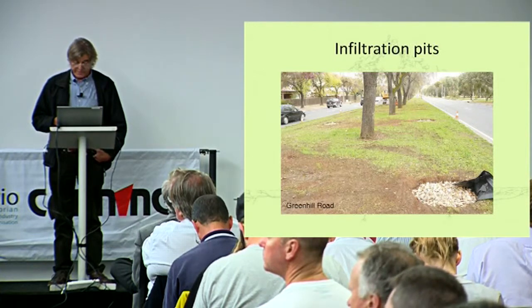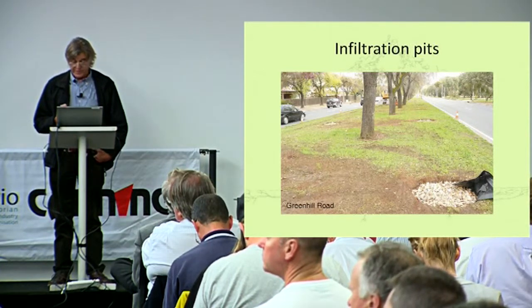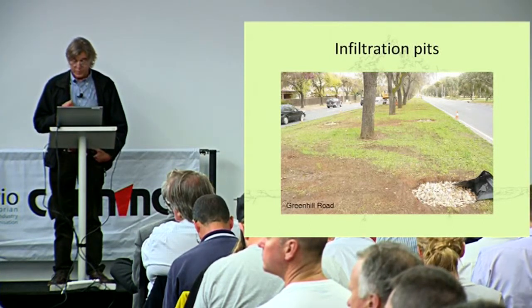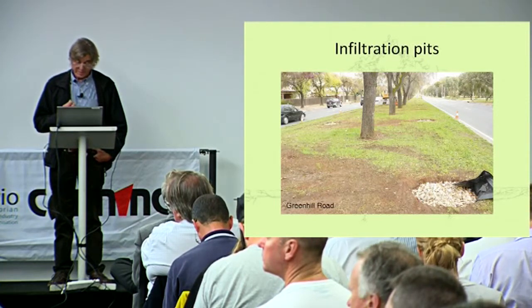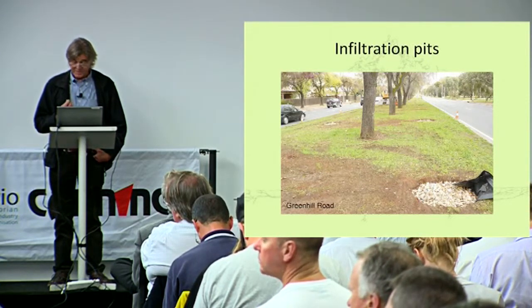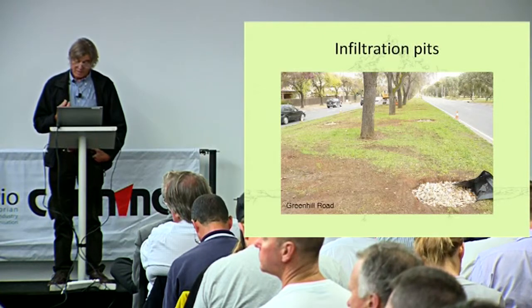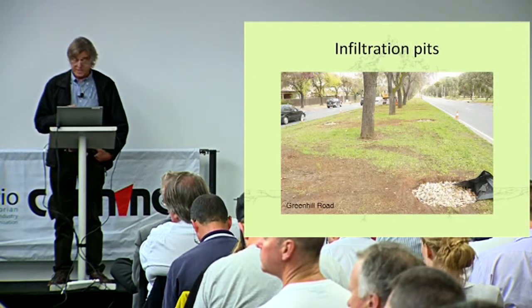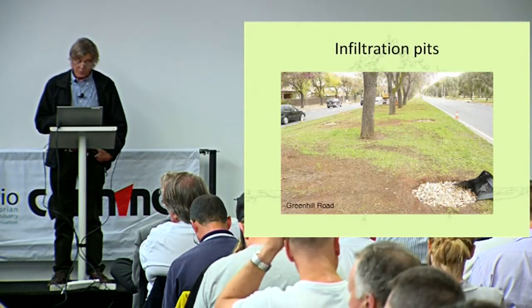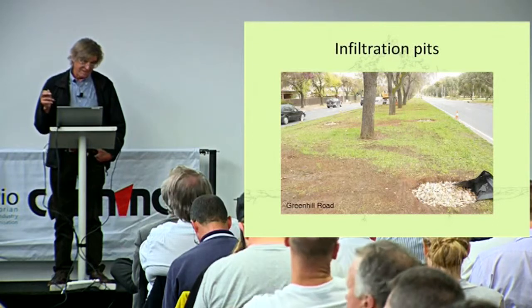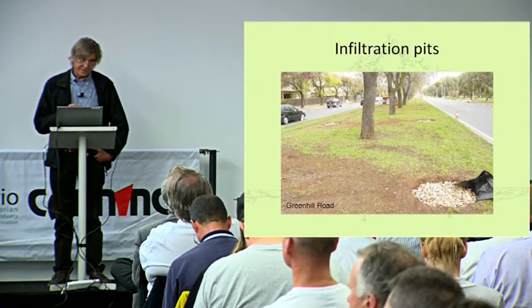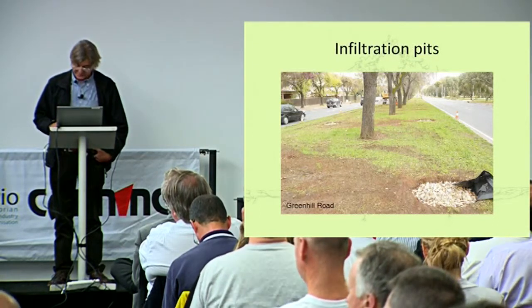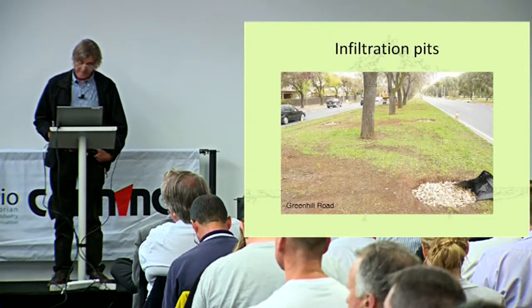This is Greenhill Road in Adelaide, trying to revitalise some declining elm trees planted in the median by installing large aggregate-filled infiltration pits between the trees. In this instance, they filled them initially with water from a water truck, then in the longer term are trying to install irrigation systems to water those pits.